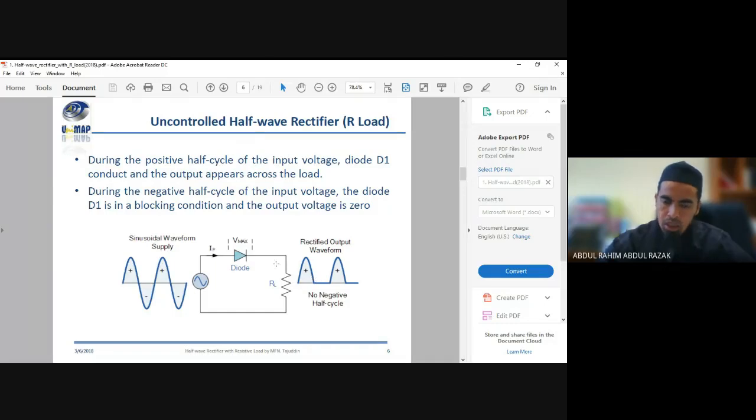But when it turns into the negative cycle, the current flows from anode to cathode, from left to right, so you can see the output. But when it tries to flow from right to left, the diode will block the flow of current. So there will be no negative half cycles, and the output voltage is 0.